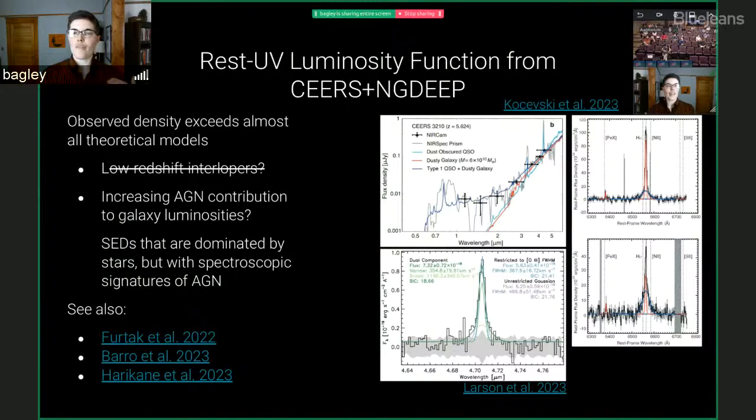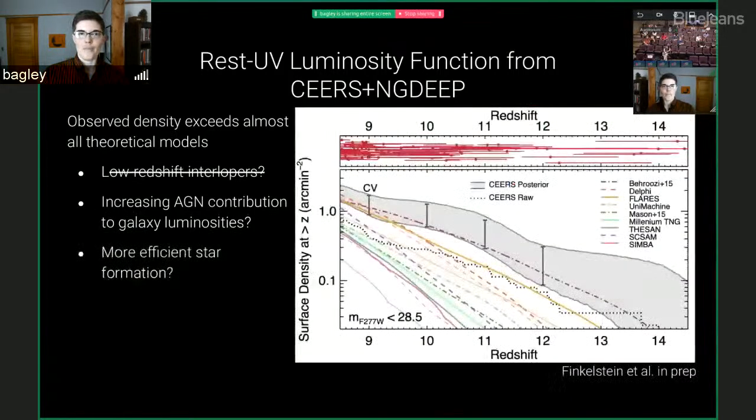These are sources that have photometric SEDs dominated by stars, but they have spectroscopic signatures of AGN. As we've heard today, we're seeing plenty of these low luminosity AGN, very red sources, with SEDs that need to be fit by multiple components. So there's a lot of exciting work to be done here to really start to quantify the AGN population.